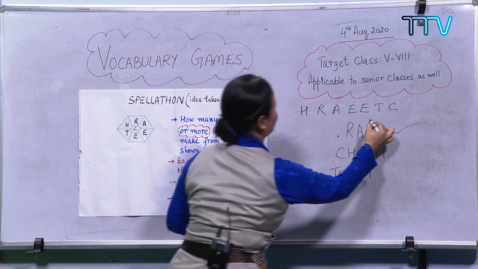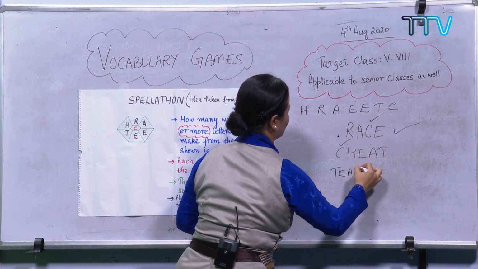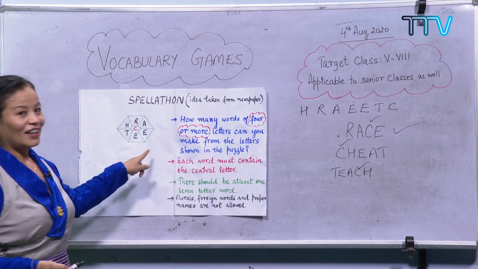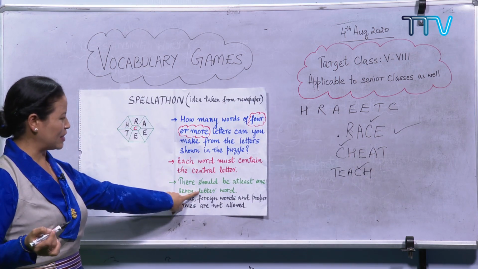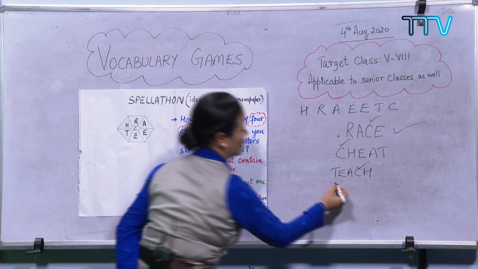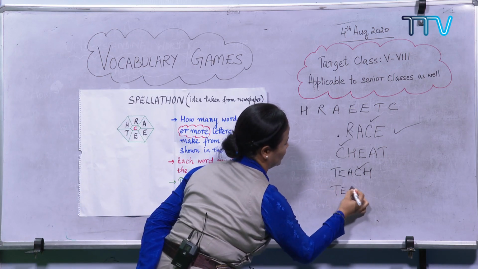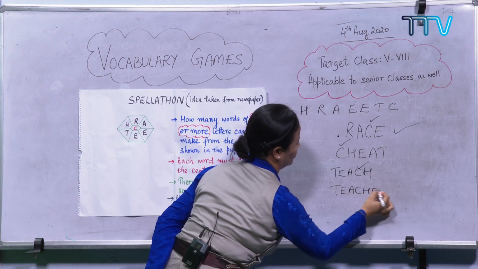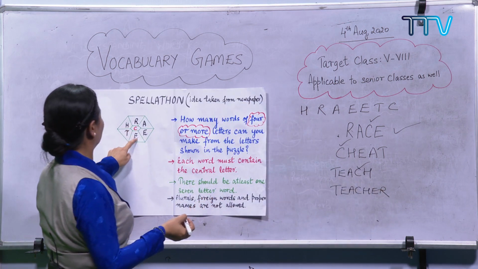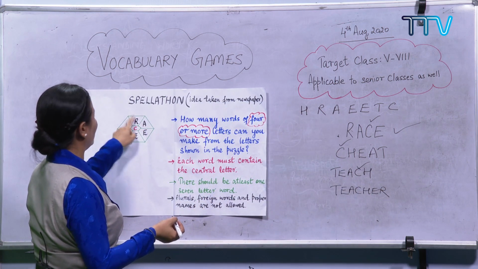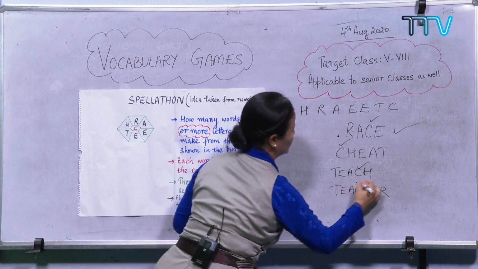See, in all the words you have the central letter C. Teach. Then I need to have one 7-letter word, right? So I can see teacher. T-E-A-C-H-E-R, teacher. Okay, I got the 7-letter word.